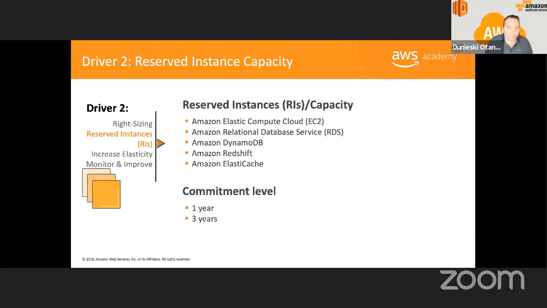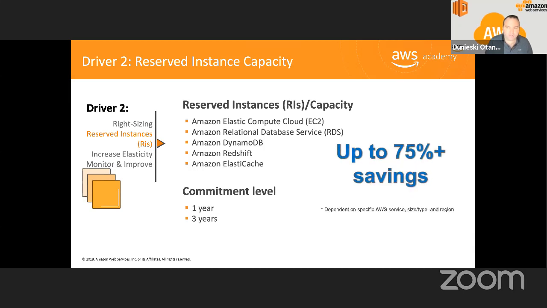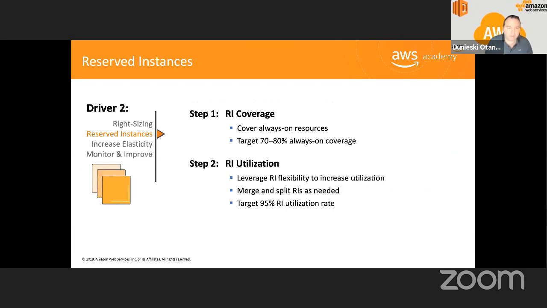The commitment level is 1 or 3 years. Don't be fooled in the exam by options like 6 months, 7 months, or 1 year and a half. There's no other commitment than 1 or 3 years. Very important. You can save up to 75%, and even more depending on the service, the region, and the type.